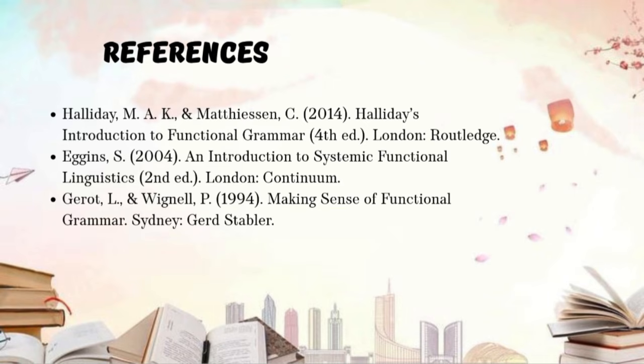In addition, this presentation is supported by Eggins' Introduction to Systemic Functional Linguistics, which provides clear explanation of metafunctions and thematic organization, as well as Gerot and Wignell's Making Sense of Functional Grammar. For transitivity processes, these references are used to ensure theoretical accuracy and consistency in the linguistic analysis presented in this video.